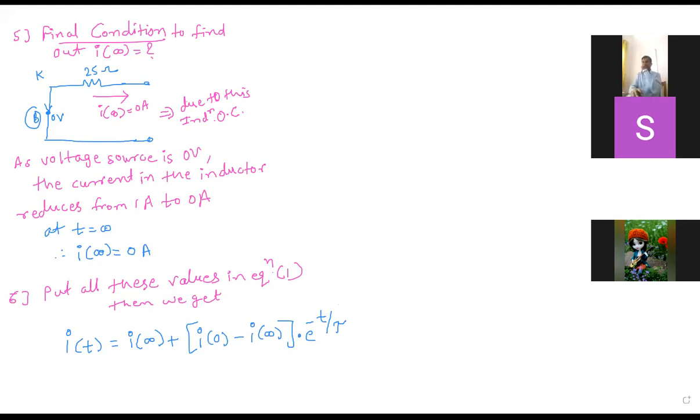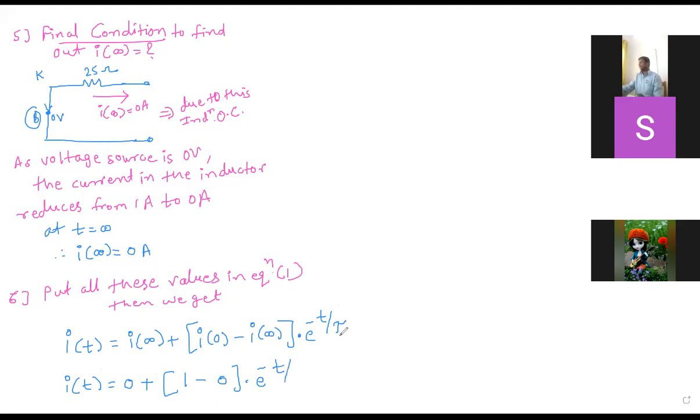So in that I have to put each and every value. So I of t as it is, I of infinite we got 0, plus I of 0 we got 1 ampere, that is 1, minus I of infinite is again 0, into e raised to minus t as it is.